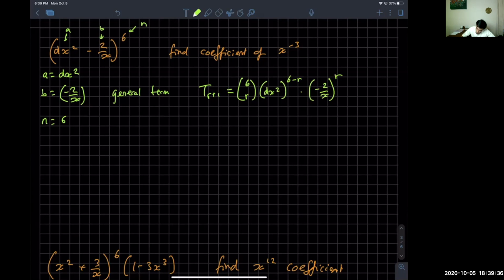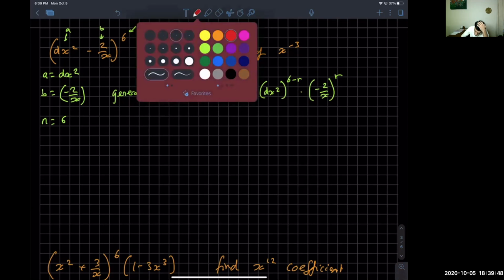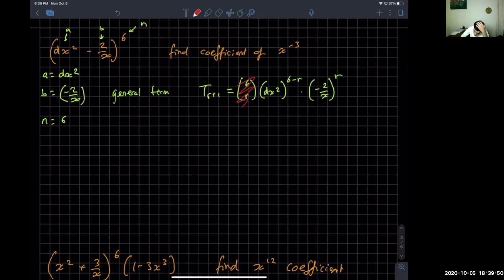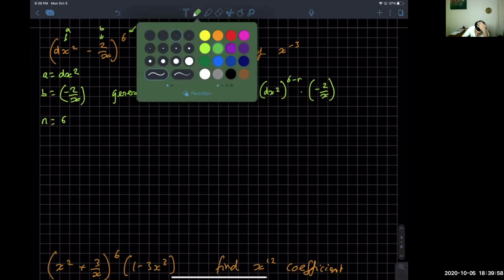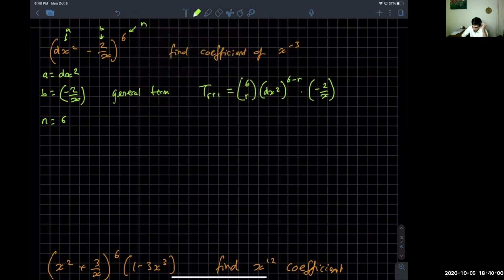Now again, we need to find when these exponents add up to negative 3. Just working with the exponents, we can ignore the d, and we can ignore these 2's, right? But for this one, let's say I don't ignore it. You guys will see what happens if I don't ignore it.